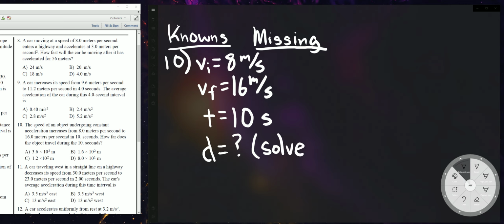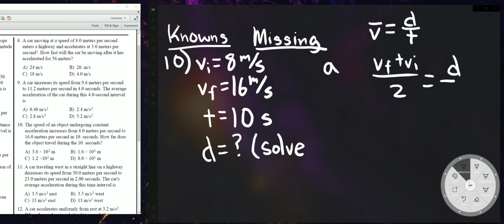What variable are you missing? You're missing a. Do you need a to solve for this problem? You might need it. But again, we can use average velocity, d over t. vf plus vi over 2 is equal to d over t. Okay?